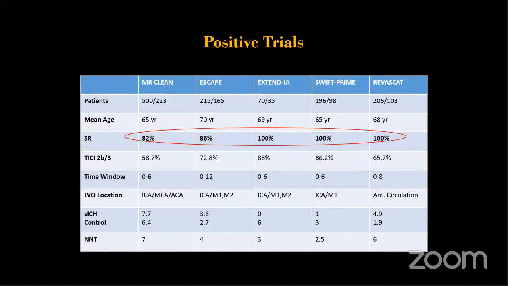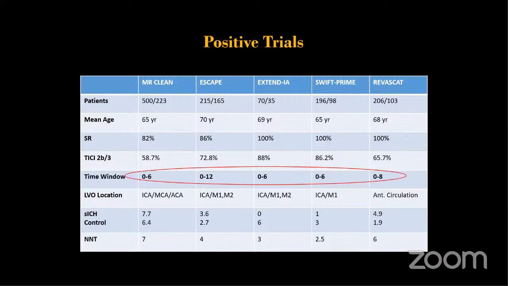Then if we look at the devices used in these trials, they mostly used a stent retriever exclusively in 3 trials, and in about 80 to 85% in the other trials, ESCAPE and MR CLEAN. The time window for these trials was the early window, which is 0 to 6 hours. However, some trials went up to 12 hours in ESCAPE, and REVASCAT 0 to 8 hours.